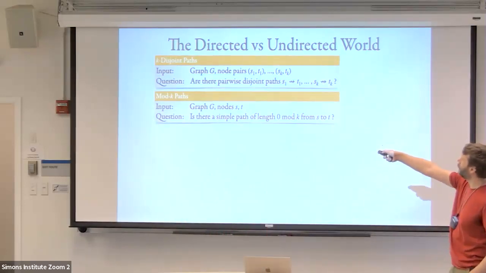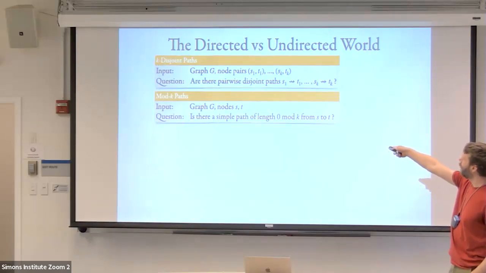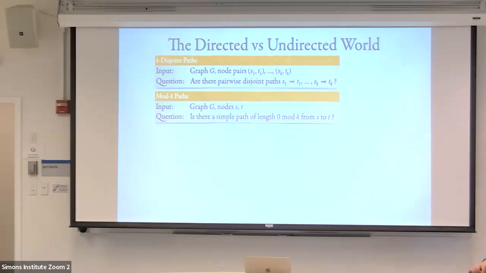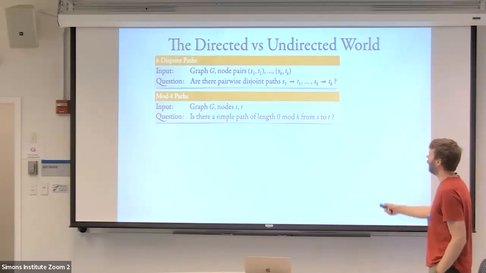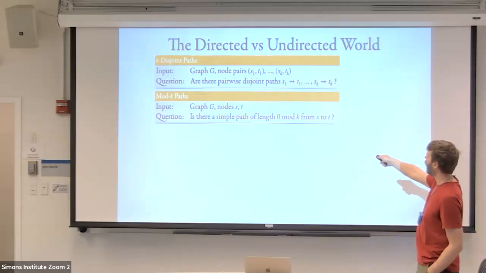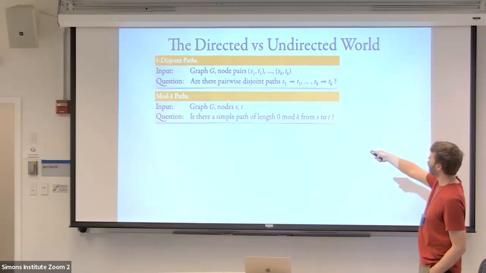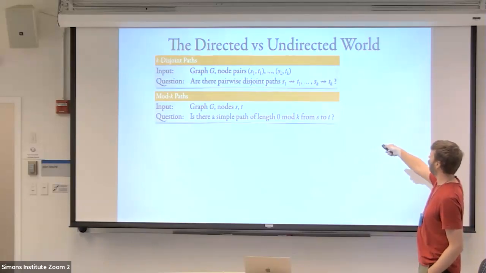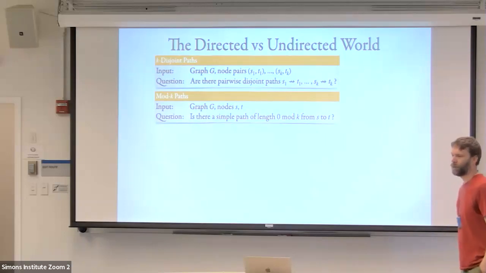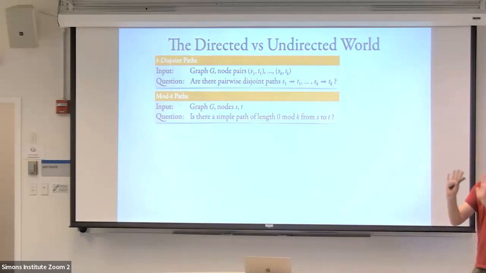So the k-disjoint path problem: you're given a graph G and then node pairs, and the question is, are there pairwise disjoint paths from S1 to T1, and so on and so forth, all the way from Sk to Tk? No labels involved, so this is just a standard classical graph problem.